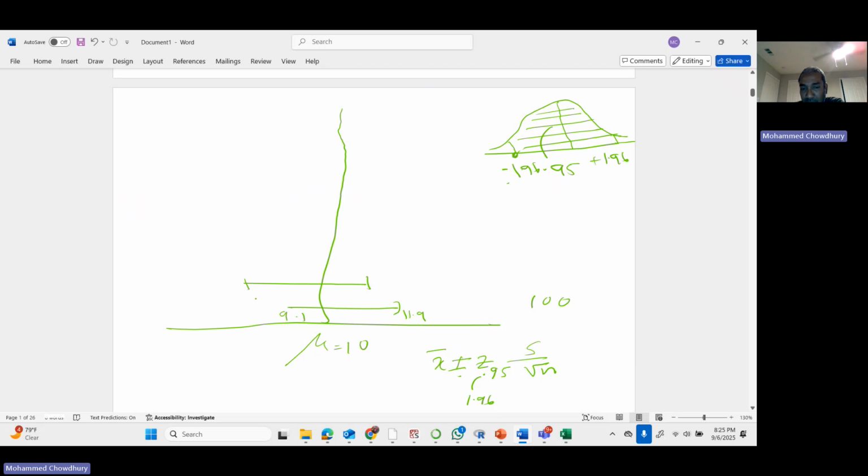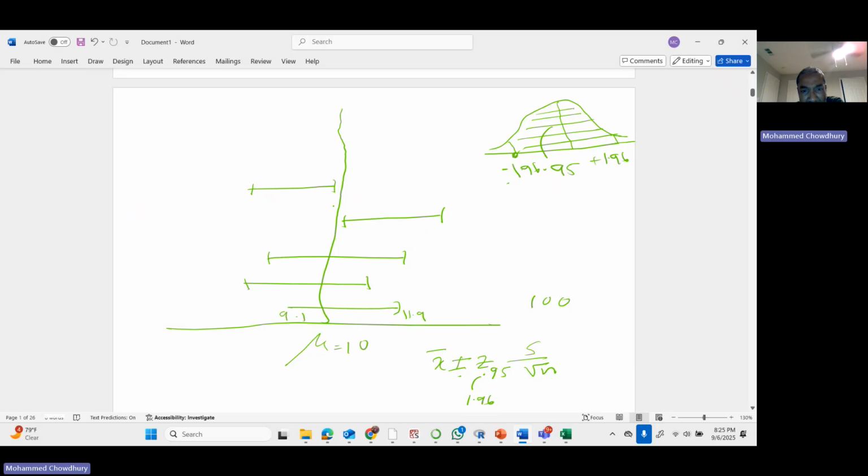Second one, minimum, maximum. I go to another group of students, I got this. Similarly, I got another group of students, and here it did not cover. Another group, it did not cover.